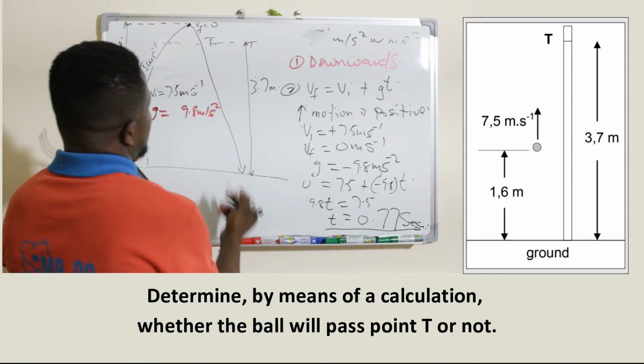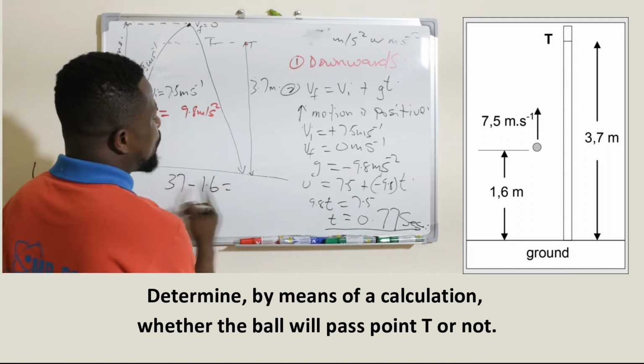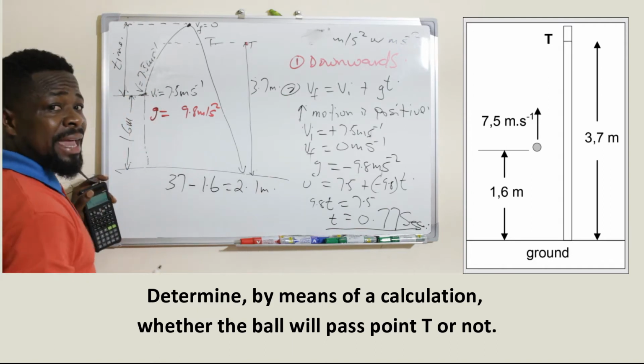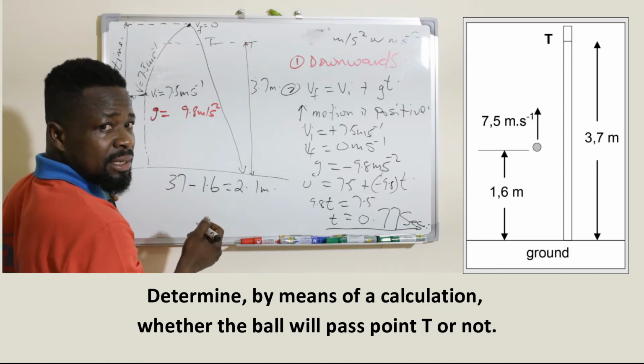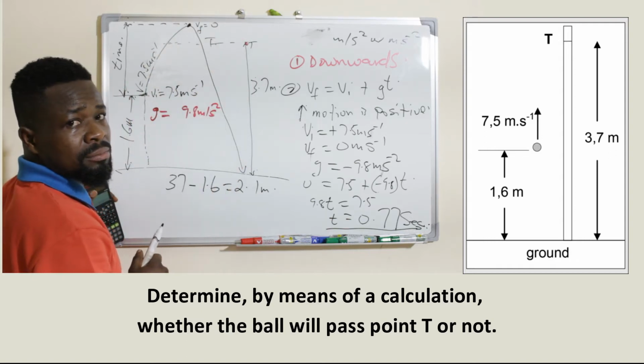Because 3.7 minus 1.6 gives me 2.1 meters. So if I calculate and I have any value greater than 2.1 meters, it means that the ball has passed the point T.